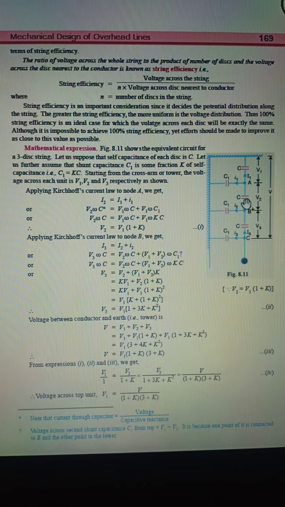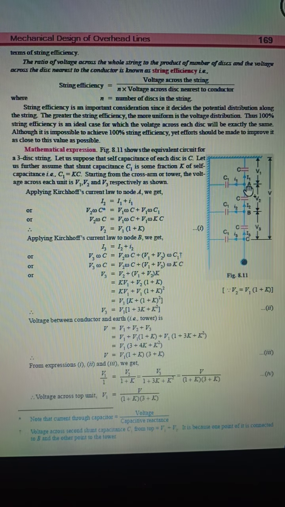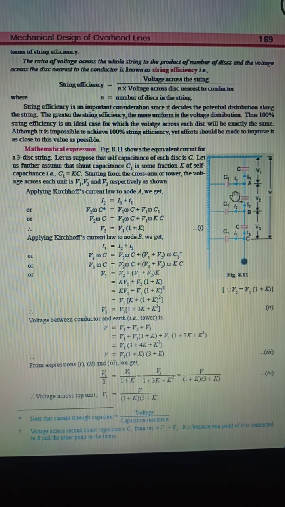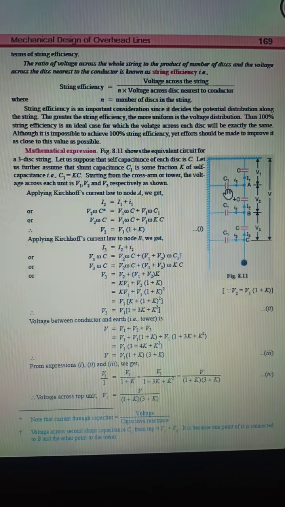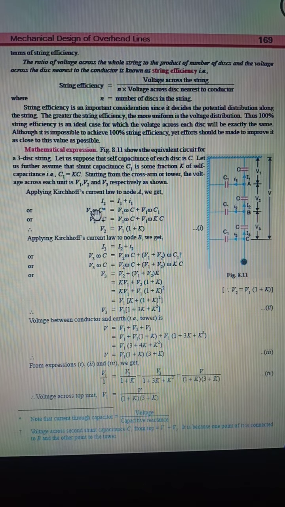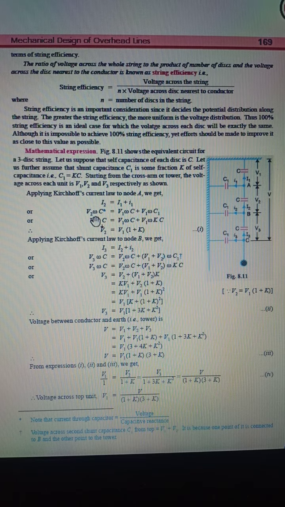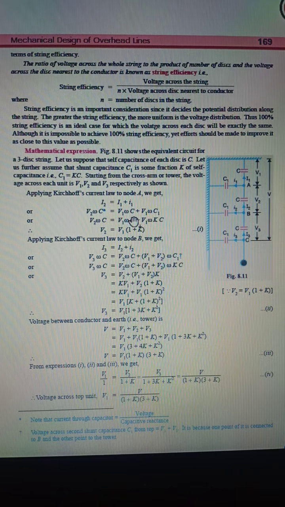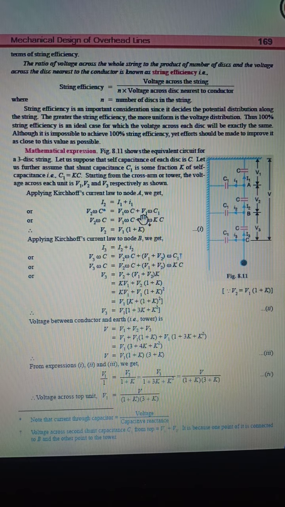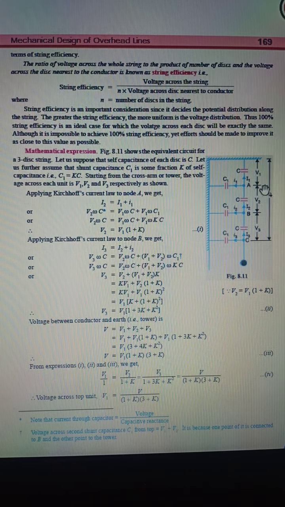Applying Kirchhoff's current law at node A, we get I2 equals capital I1 plus small I1. We know that I2 equals V2 into omega C, capital I1 equals V1 into omega C, and small I1 equals V1 into omega C1.